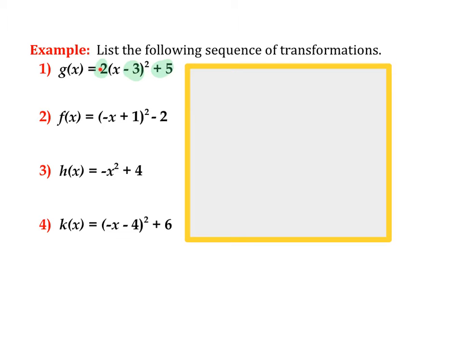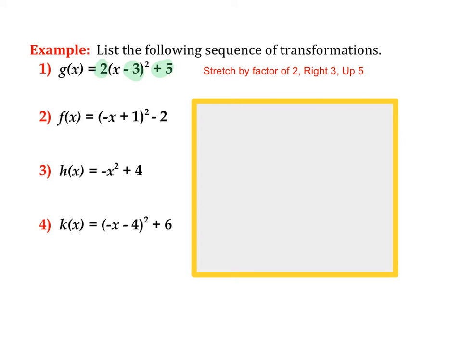Well, 2 is bigger than 1, so it's going to be a stretch. So this x squared is going to be stretched by a factor of 2. I've got a minus 3 inside my function. If I think back to previous videos, that means it's going to go to the right 3 units. And then a plus 5 on the outside, it's going to go up 5 units. So stretch by a factor of 2, to the right 3, and up 5.